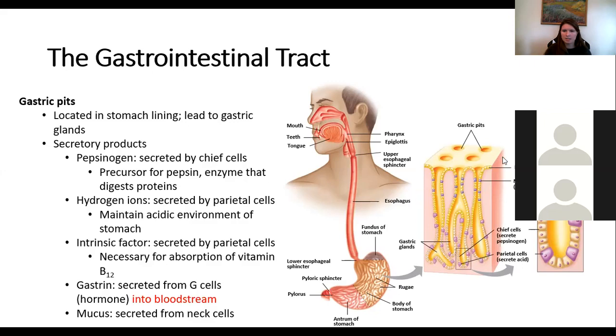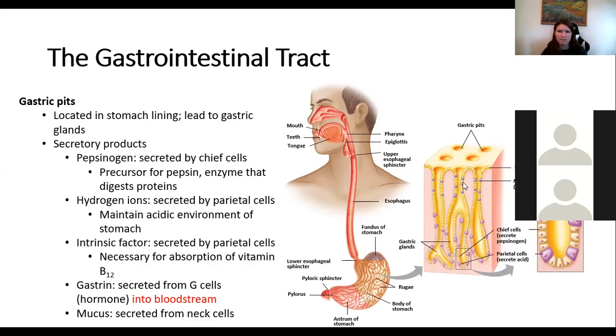On this yellow surface on top, we have these gastric pits, these holes. These holes lead us into these areas lined with a bunch of different types of cells that are secreting different sorts of things.